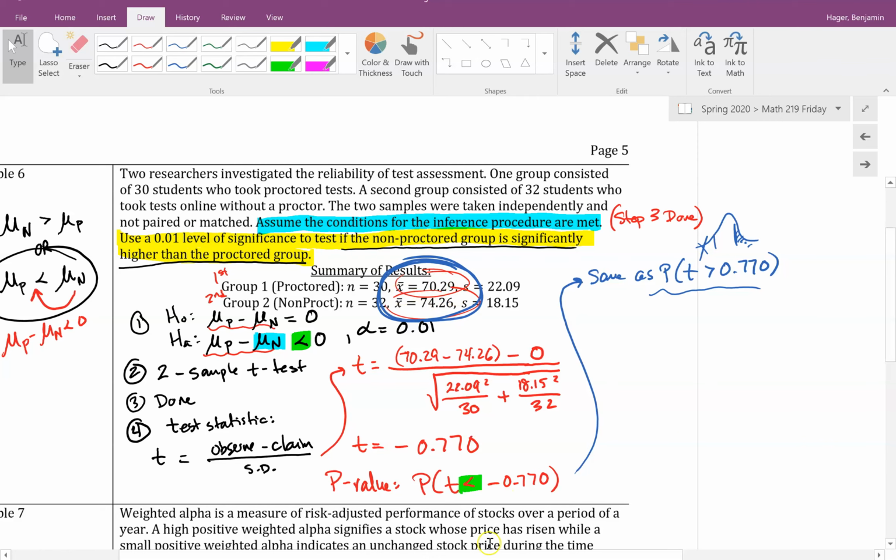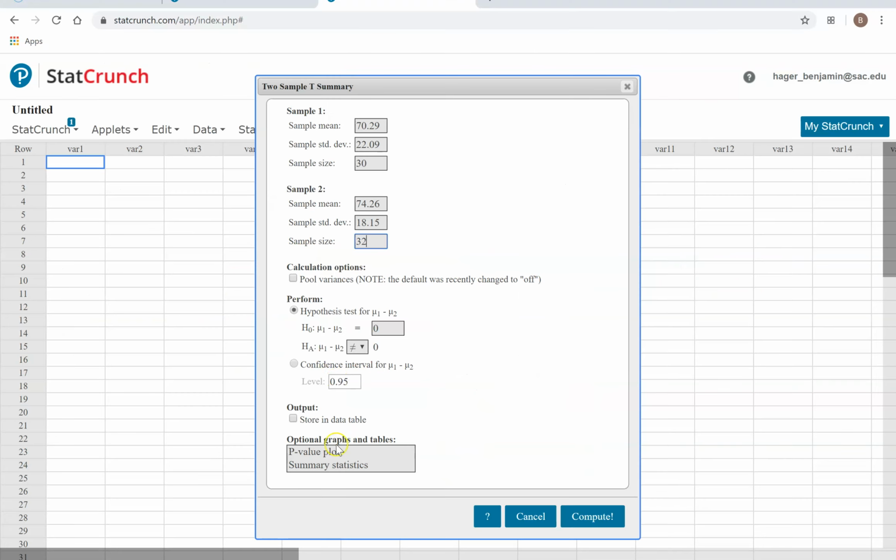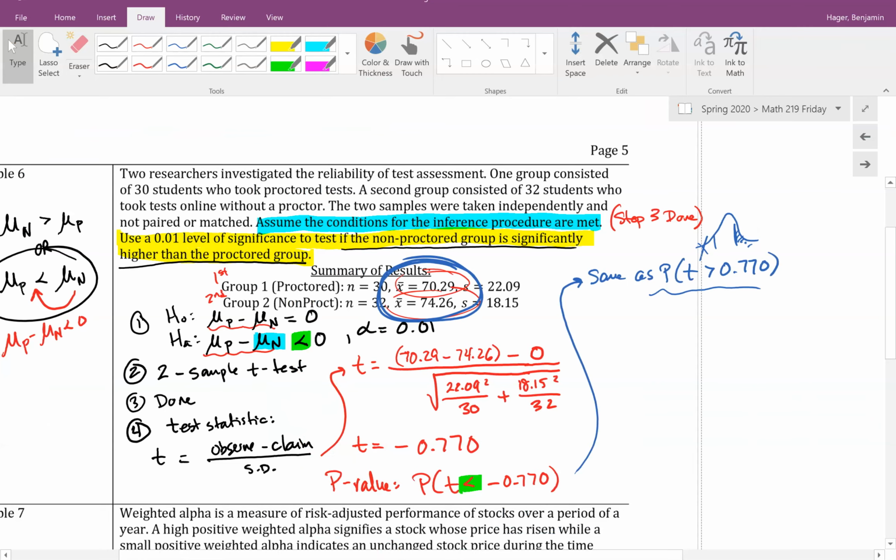So you can pool them or not. The claim is that they are the same, so I'll go ahead and pool them, but I'll show you there's not going to be a big difference. The claim is that there's no difference, and we are testing that there is a difference and that it's less than, I believe. Less than, yes.